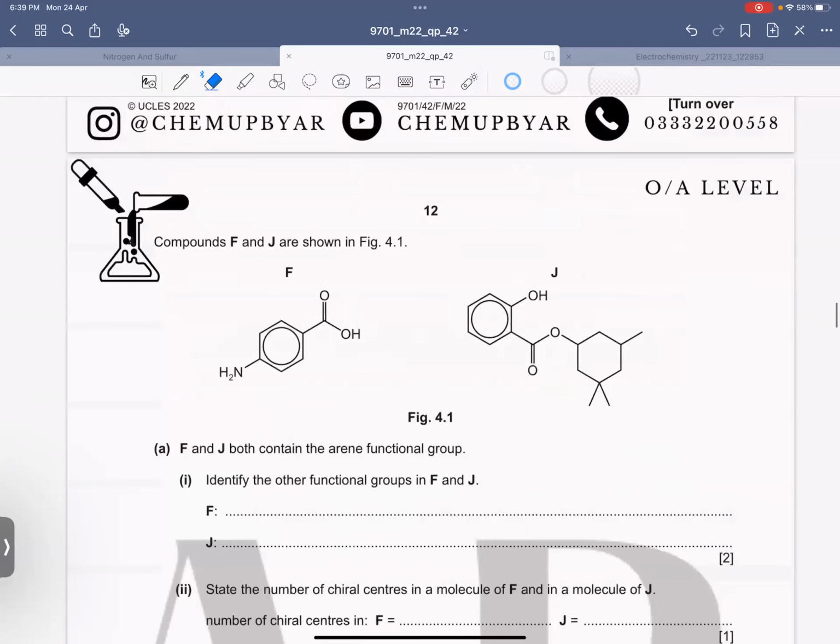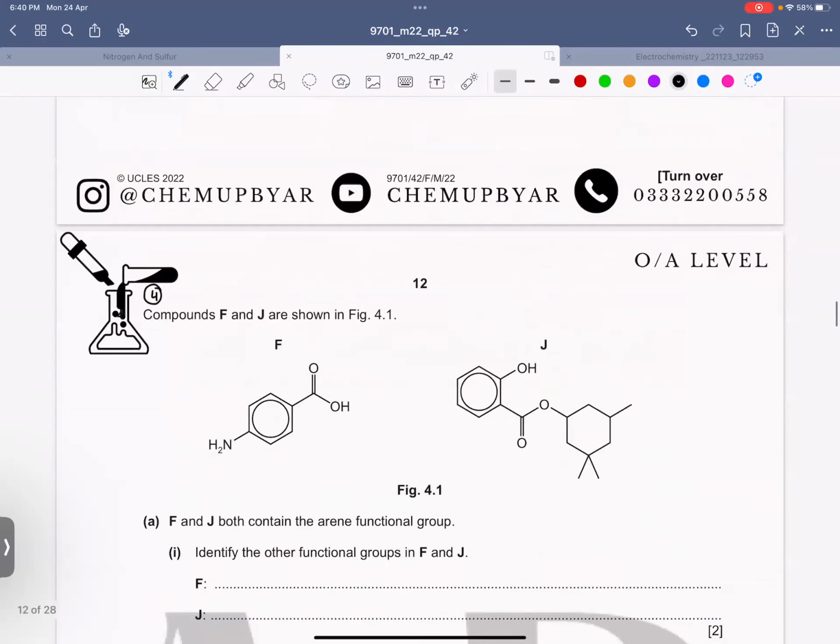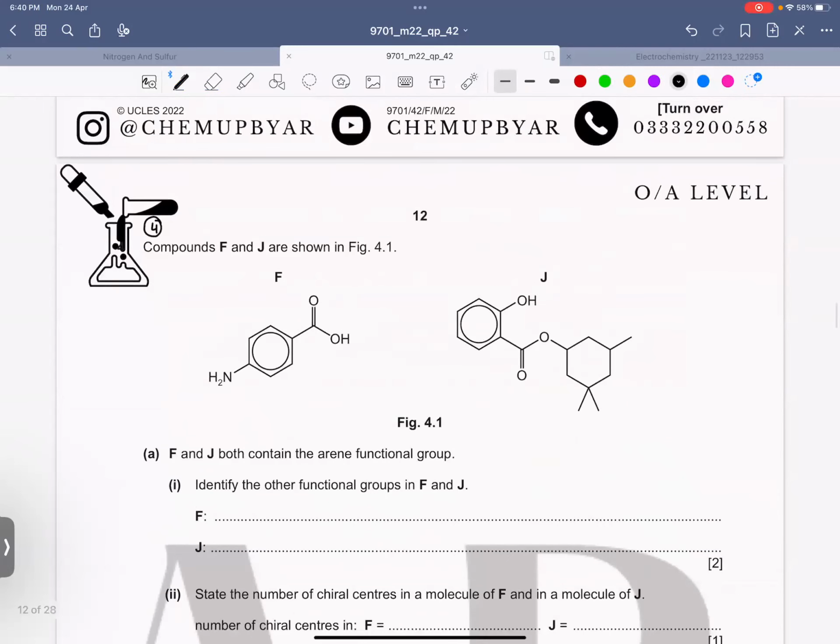Now we're going to start with question number 4. Compounds F and J are shown in figure 4.1.